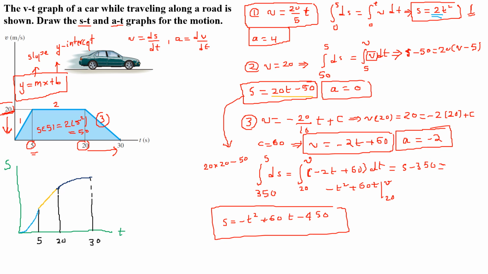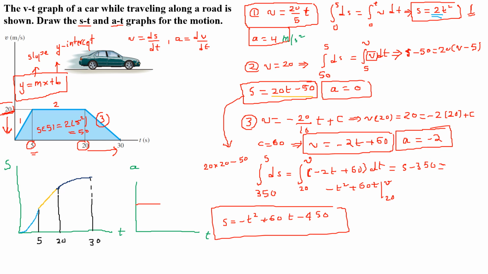Okay, now for the AT graph, what do we have? The first acceleration we got for the first segment was 4. So just 4 meters per second squared. Okay, so I got here this to be simply 4.